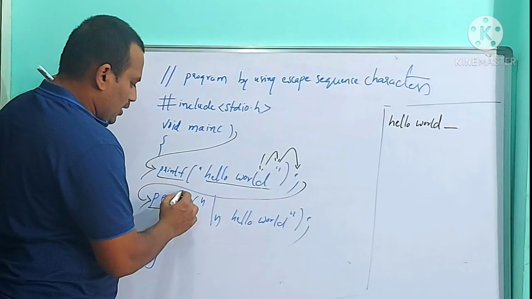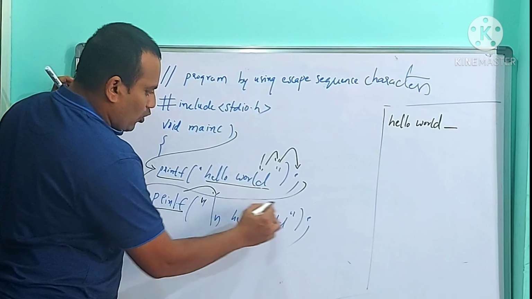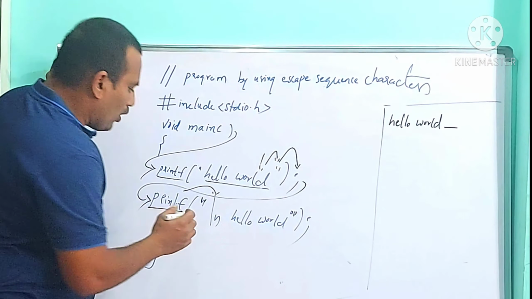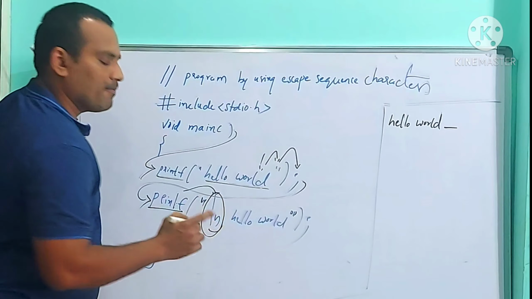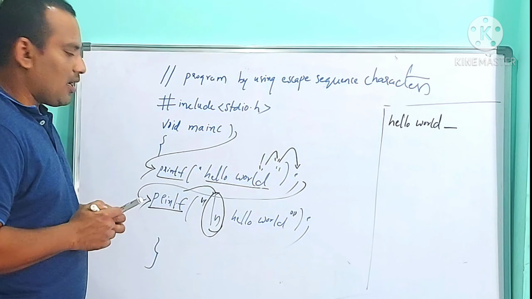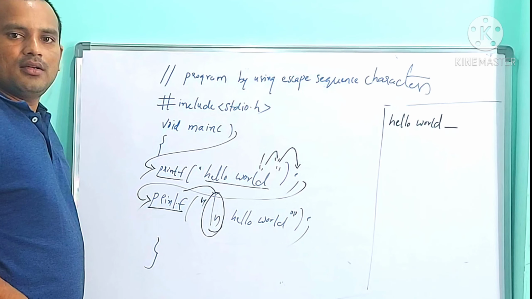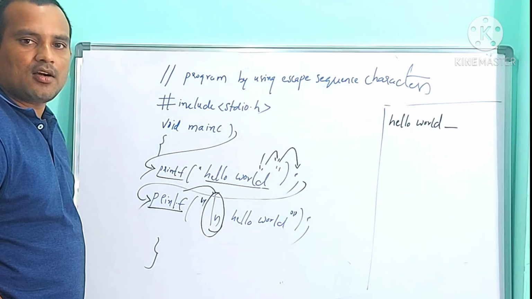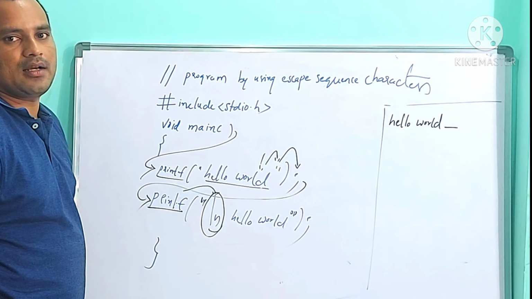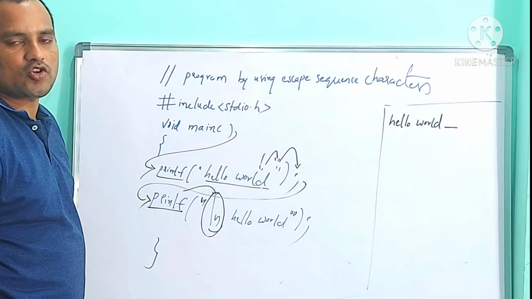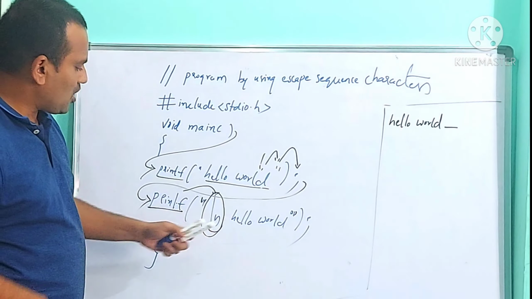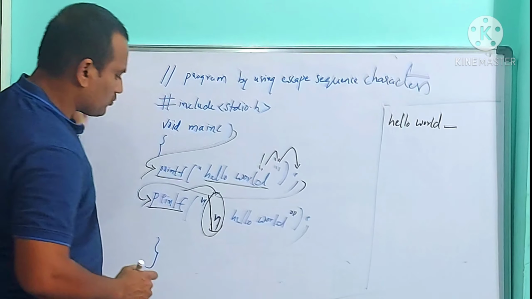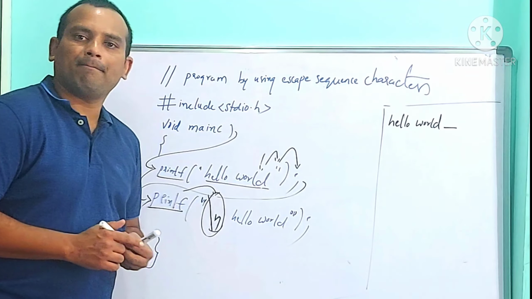Okay, printf again. Inside the double quotation, whatever it is, the runner has to print at the output screen as it is. Now what is there? /n. When the runner reads /n, it understands that it is not a normal character. It is called an escape sequence character because an escape sequence character starts with a backslash, like this, /n.